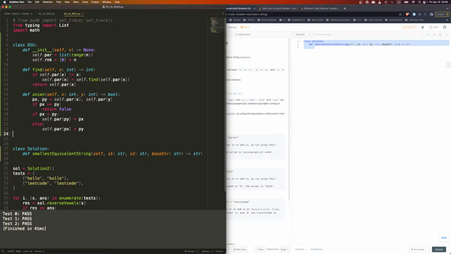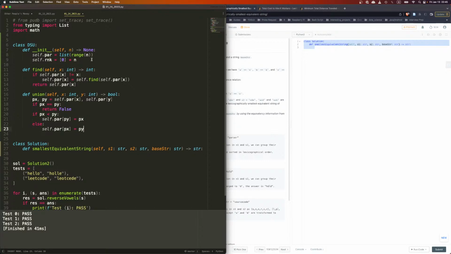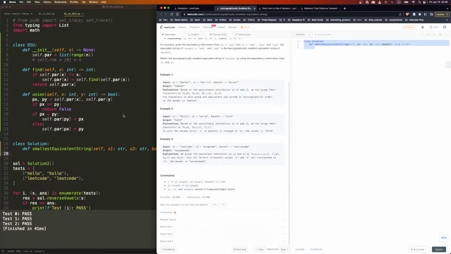I think this shall do, right? We don't even need a rank because the ranking is based on the lexicographical order, and we are dealing with English letters.